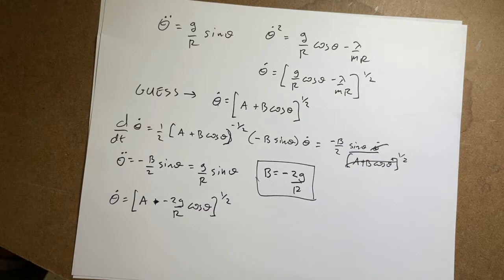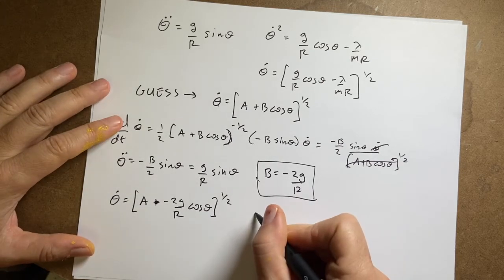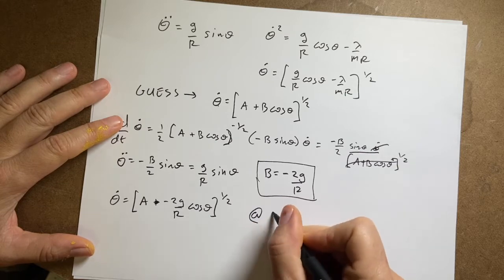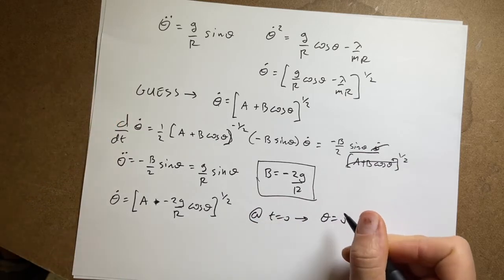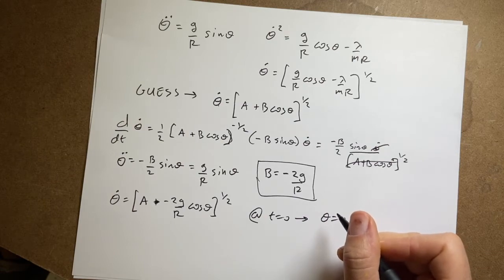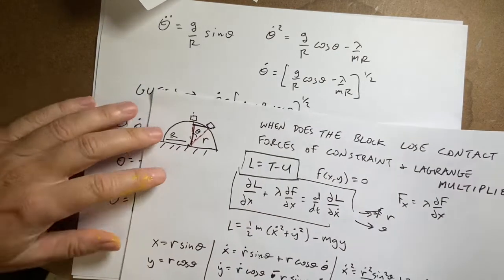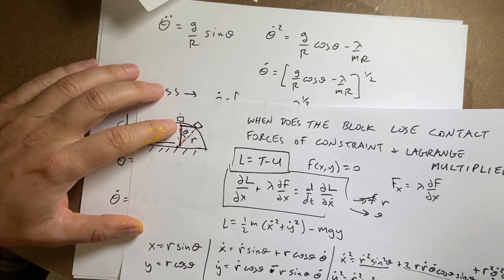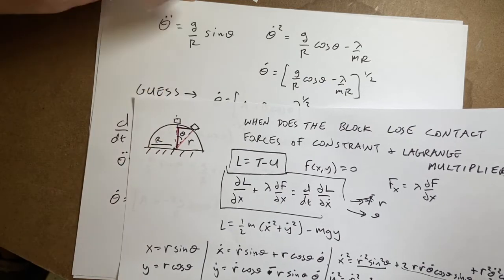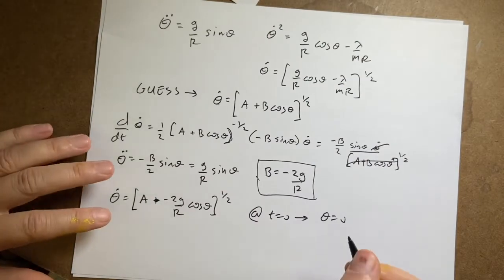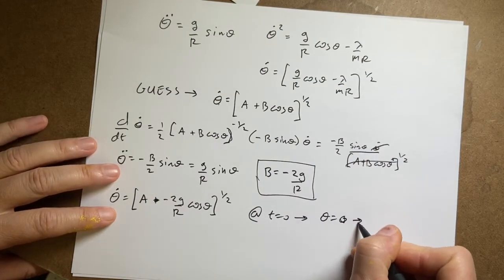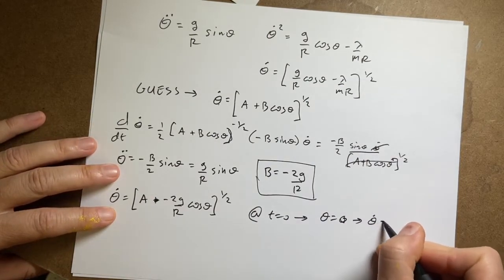Now let's just think here for a second. At t equals 0, theta is equal to 0, right? Let me go back to my picture up here. At the very top, theta is equal to 0, but I also want to start it from rest. Yes, I'm going to give it a tiny nudge, but let's just say I actually started from rest. So when theta equals 0, theta dot has to be equal to 0.